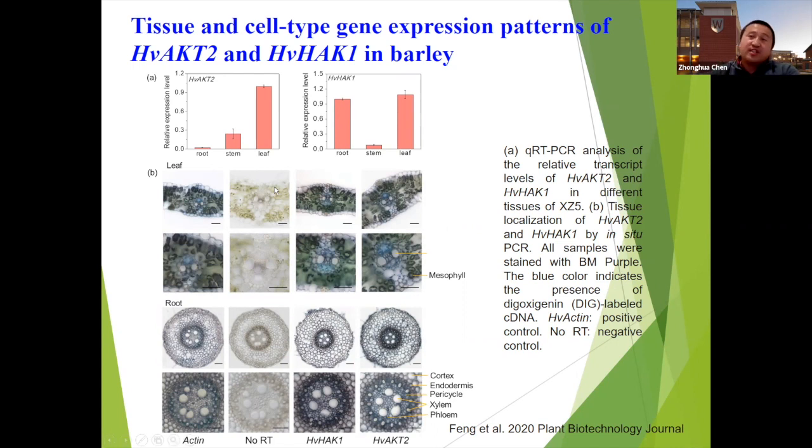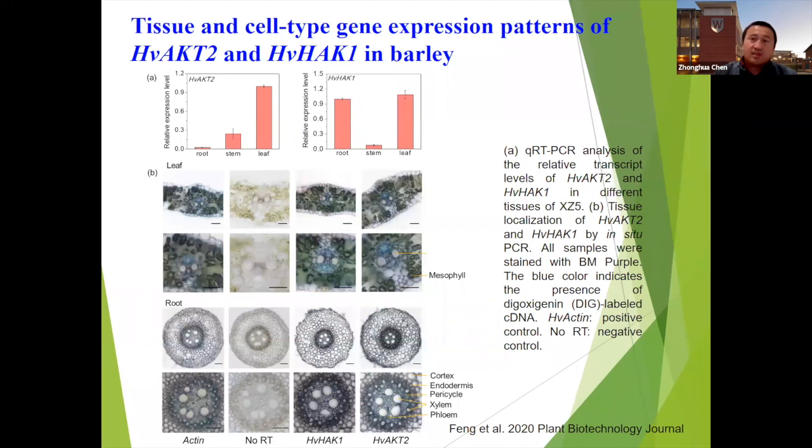So we actually did a fair bit of work using yeast two-hybrid, and also oocyte work, but we could not identify the similar CBL1, CBL9, and CIPK23 as in Arabidopsis.